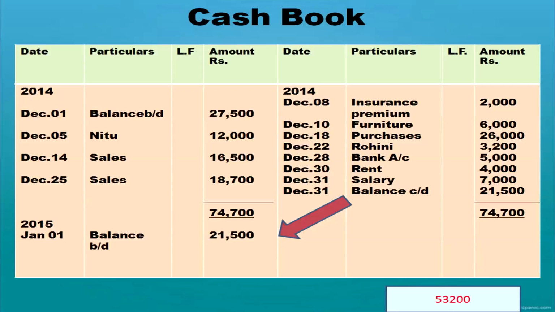That is, in 2014 December 31st, we got a balance of 21,500. We have brought it down on January 1st as balance brought down. 2015 January 1st, balance brought down. Which amount do you have to bring down? That is 21,500. So, you are clear with balancing also.